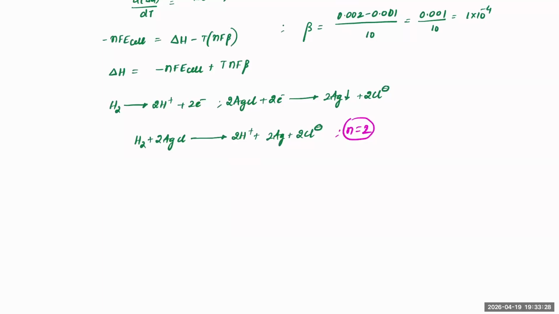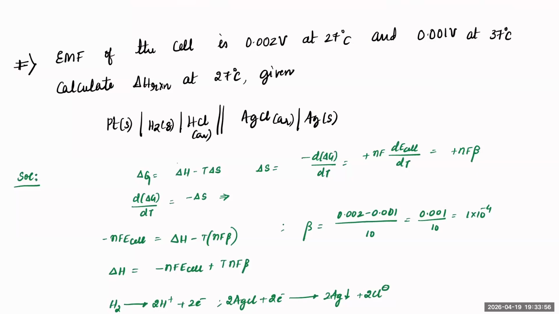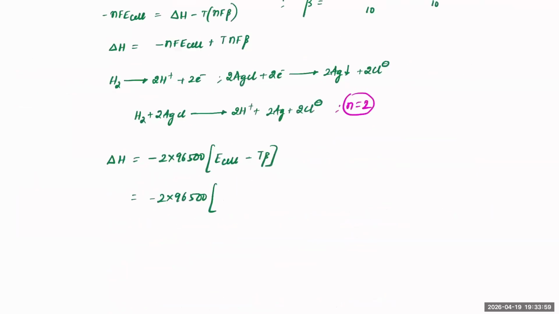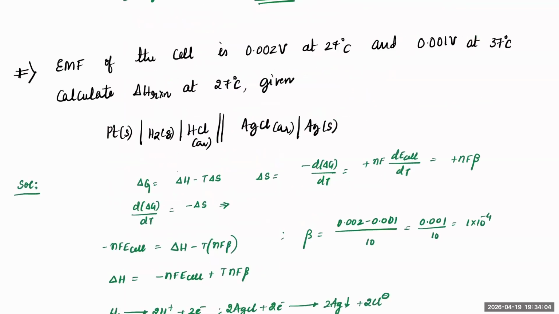So you can see delta H will be equal to minus NF is common, so minus 2 times of 96500 into E cell minus T times of beta, which is equal to minus 2 into 96500 into E cell value at 27 degrees, we know 0.002, minus T times beta.